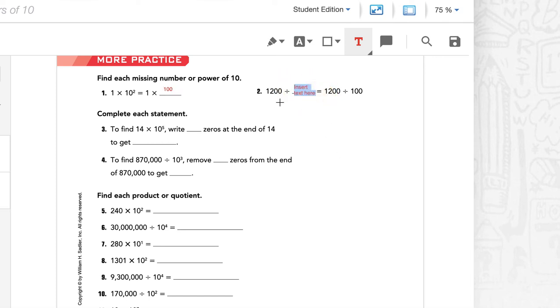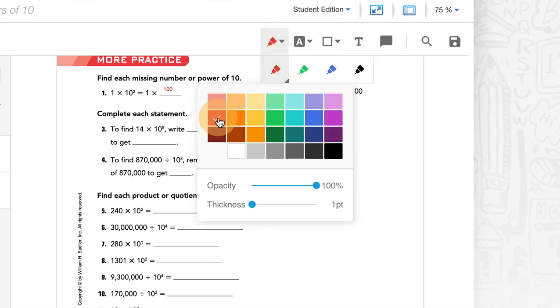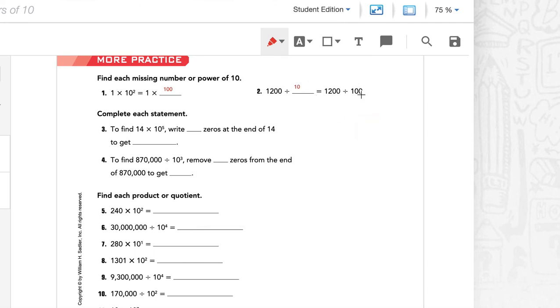So if I were dividing 1200 by 100, how could I write that as an exponent? 10 would be my base. These are really small numbers. I wish I could make this bigger, but that's as big as it gets. And then I'm going to give it an exponent of 2 because I have the number 100. I'm going to give it a tiny 2 if I can. You can probably do it better on your paper than I can on my screen.